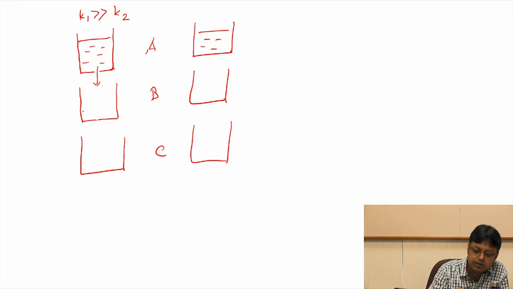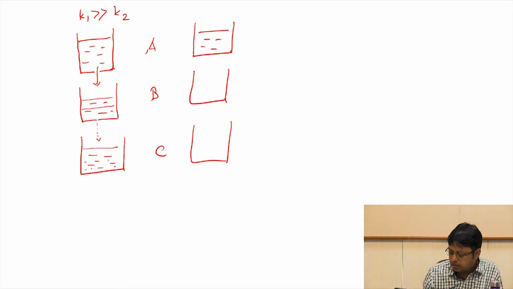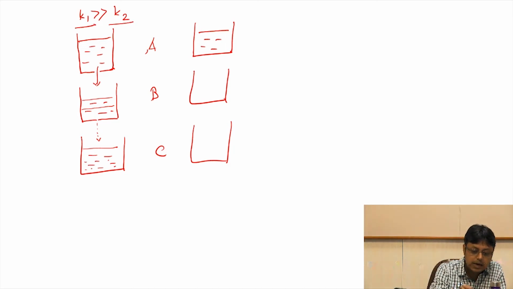Water will first fill in B, and then slowly this will come to fill in C. In the long term, of course, everything will be C, but in the very early time, you will see that it is only filling up B, but slowly B also transfers that water, but at a much slower rate, because k2 is much smaller than k1.